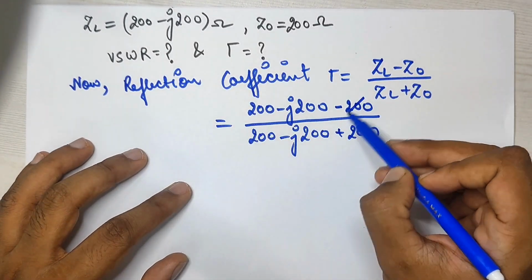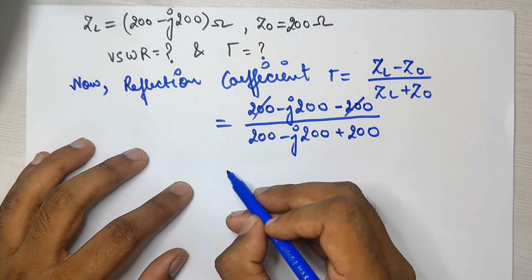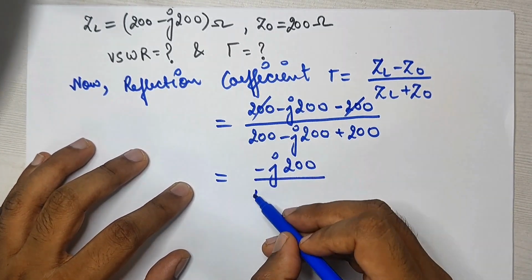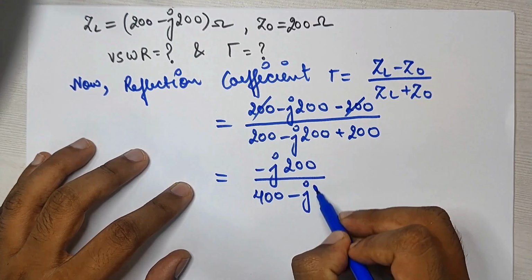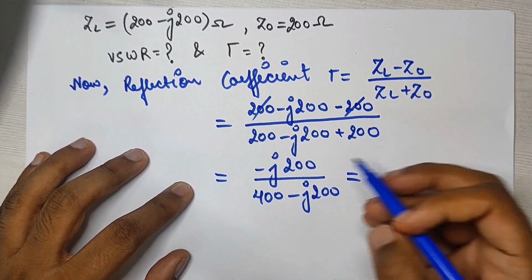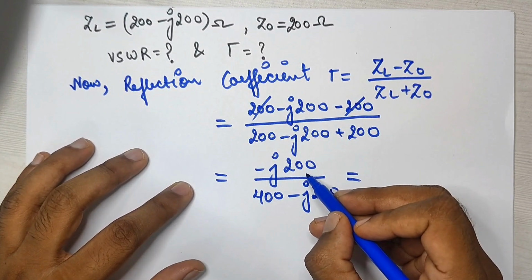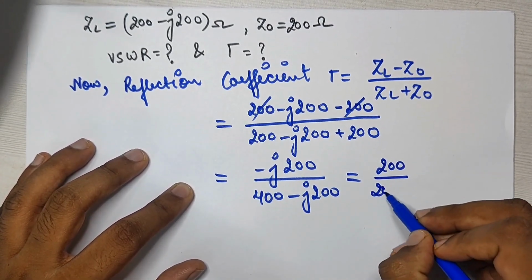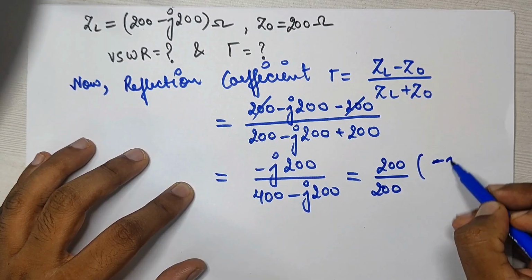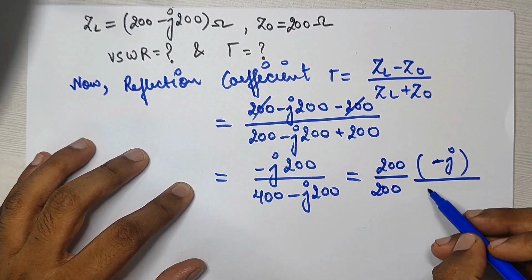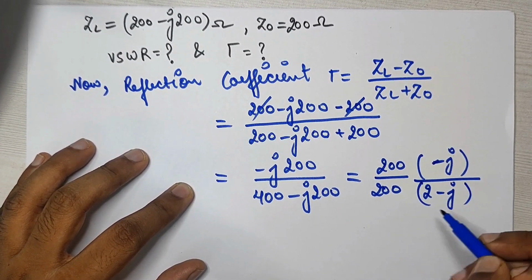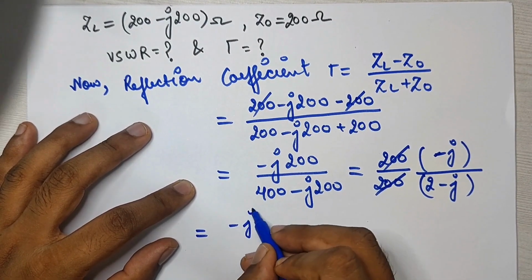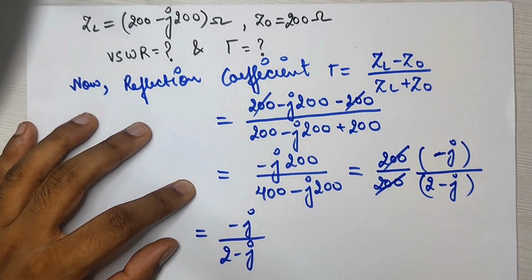The 200 minus 200 cancels, and in the denominator it gets added. So we get minus j200 upon 400 minus j200. We take 200 common from numerator and denominator. What is left is minus j upon 2 minus j.